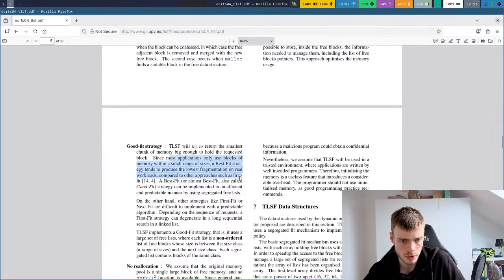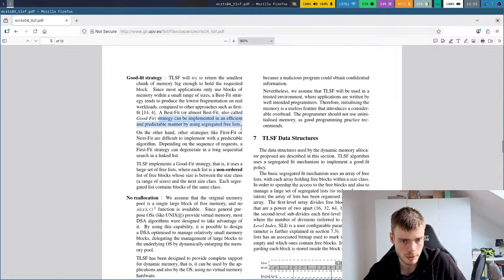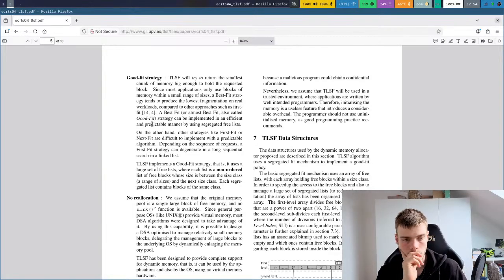Compared to other approaches, best fit or almost best fit, also called good fit, strategy can be implemented in an efficient and predictable manner by using segregated free lists. On the other hand, other strategies like first fit or next fit, depending on the sequence, can result in a long sequential search.